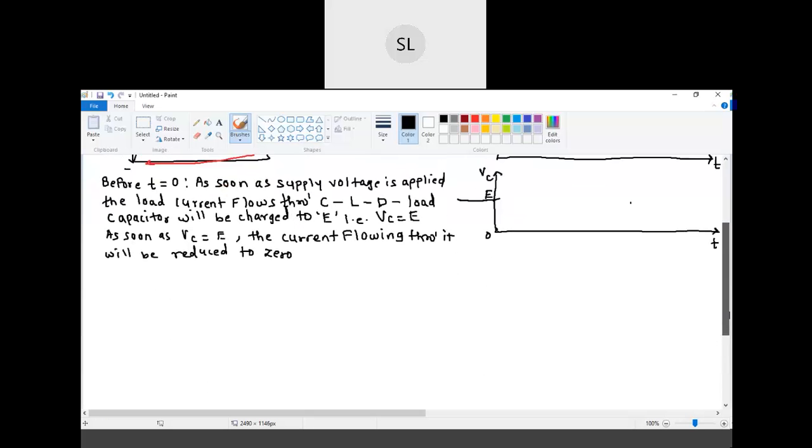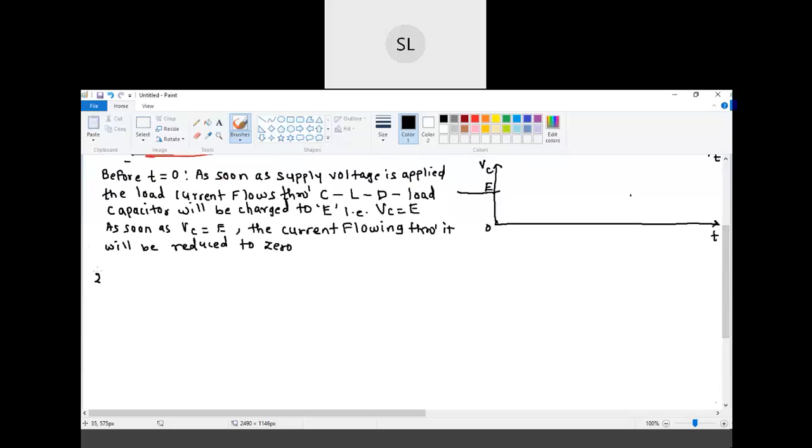Second step: at t is equal to 0, Ig1 is provided to T1, and T1 will be turned on.